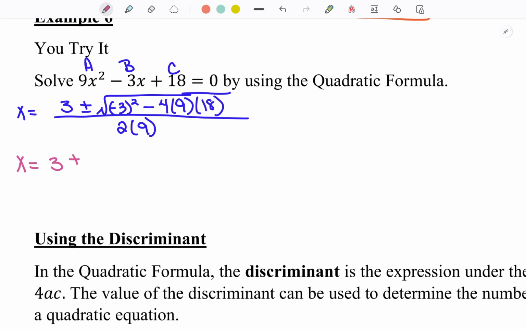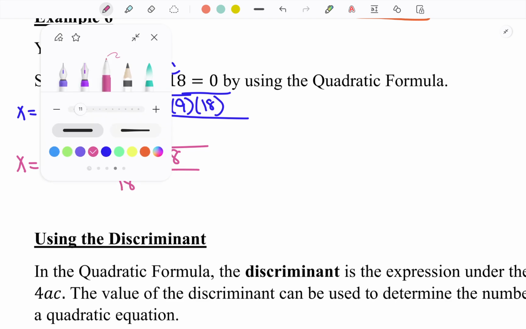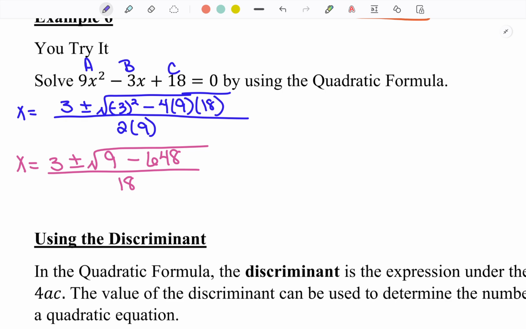So we have 3 plus or minus the square root of 9 minus, and -4 times 9 times 18 is -648 over 18. And then 9 minus 648.